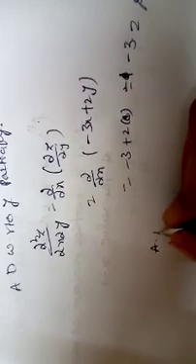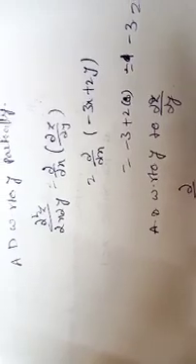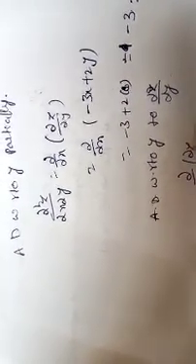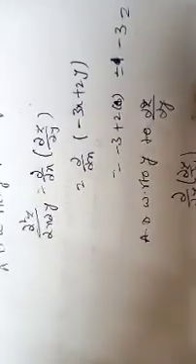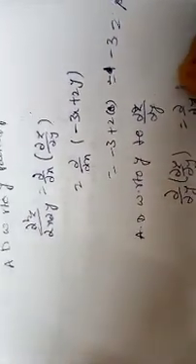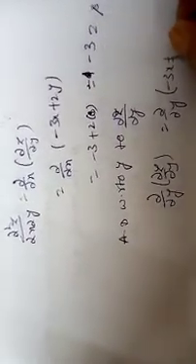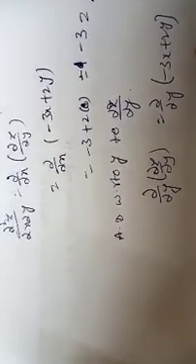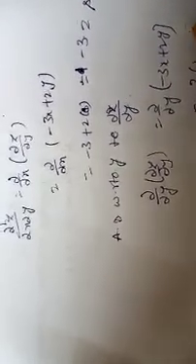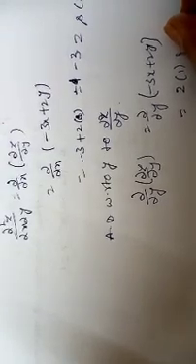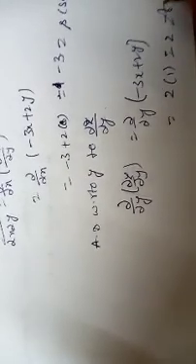So dou by dou y of dou z by dou y, which is dou by dou y of minus 3x plus 2y. Then 2 into the derivative of y is 1. So that is 2. Treat this as t.